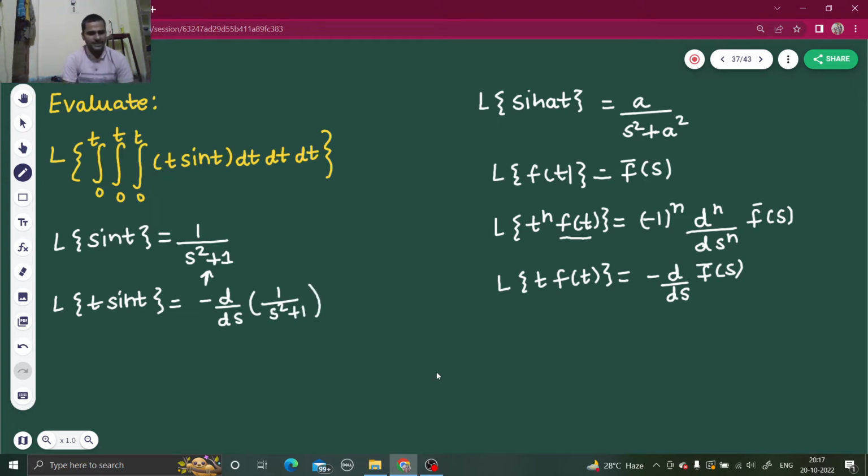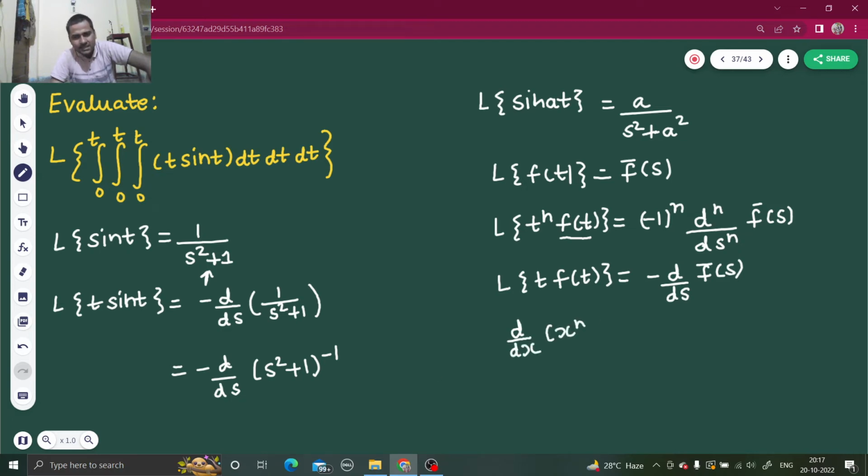How do you differentiate that? I can write this as minus d by ds of s square plus 1 power minus 1, and then apply the power rule. I hope you know the power rule; I am going from the basics. d by dx of x power n is n comes at the front, x power n minus 1. So minus 1 will come at the front and cancel that minus sign.